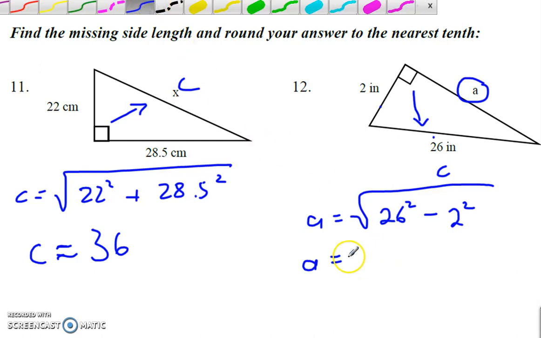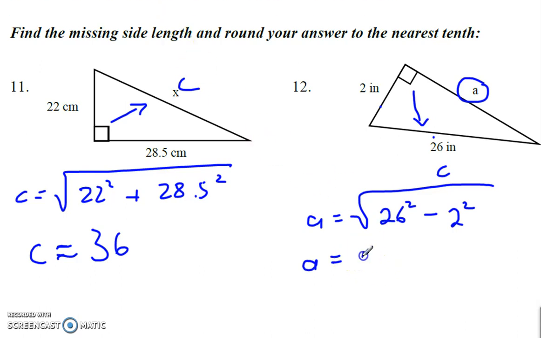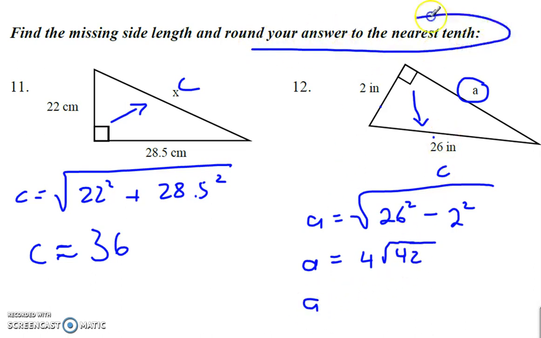If you have your calculator set to math print, it'll give you 4 radical 42. However, we're talking about distance here, so 4 radical 42 in this case is not necessarily useful. Plus they said round to the nearest tenth, so that is 25.9.